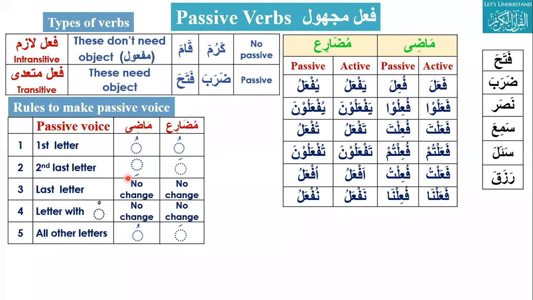Next word is Nasara. Brother Rashid. Assalamu alaikum. The normal pattern is Nasara, Nasaru, Nasarta, Nasartum, Nasartu, Nasarna. And passive is Nusira, Nusiru, Nusirta, Nusirtum, Nusirtu, Nusirna. And passive in Mudare is Yunsaru, Yunsaruna, Tunsaru, Tunsaruna, Unsaru, Nunsaru. Very good.